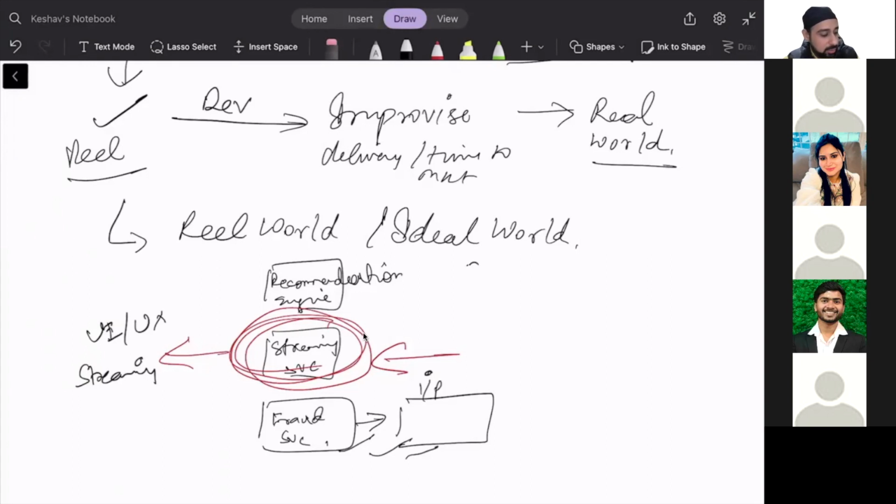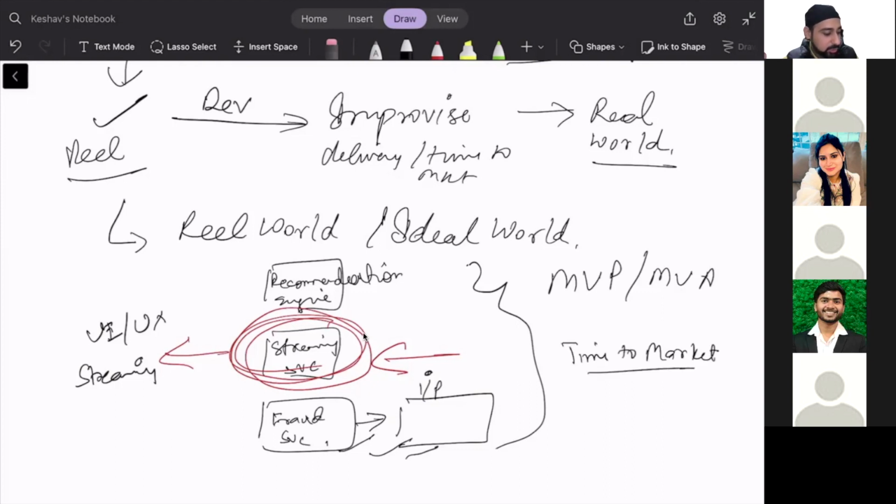So that is where we say that you need to have a minimum viable product, or MVP, carved out. As architects, you should know what the minimum viable product is and how to carve it out. That's very, very important, because this will help you, A, in time to market with the set of resources, and B, to improvise along the dev cycle.